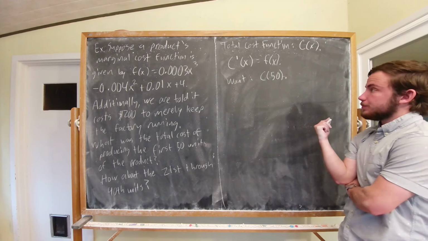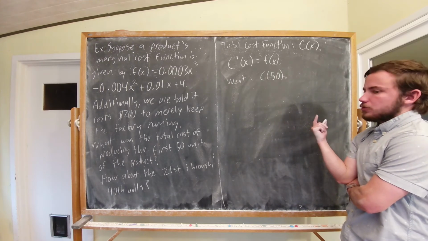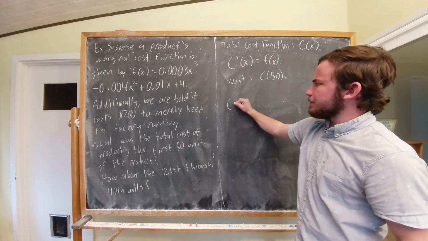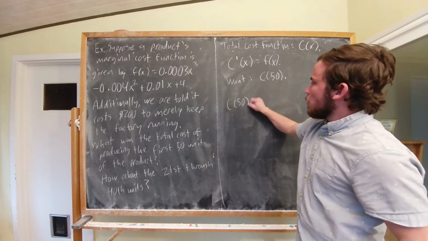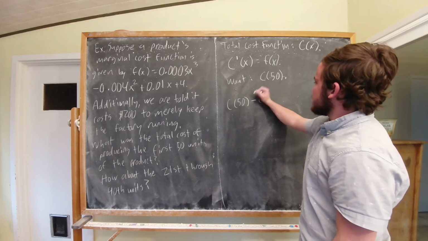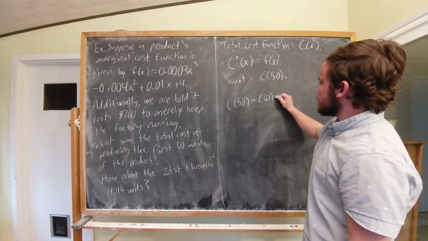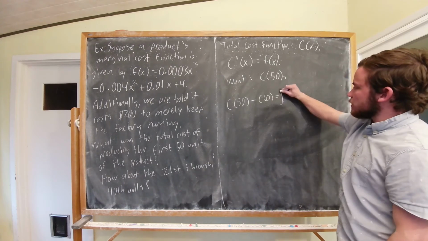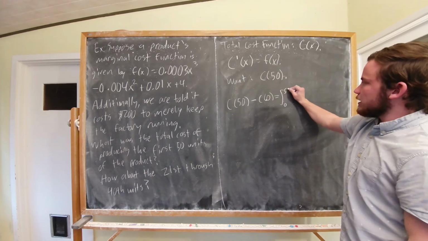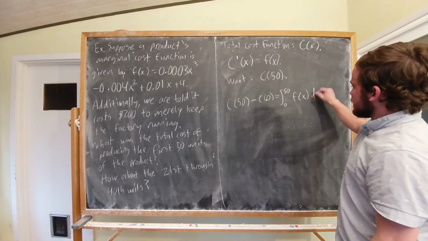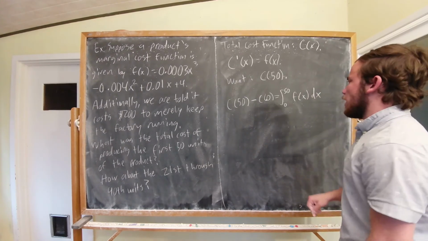How do we get it? Well, here's what we're going to do. I know that C of 50 minus C of 0 is equal to the integral from 0 to 50 of f of x dx. Why do I know that?